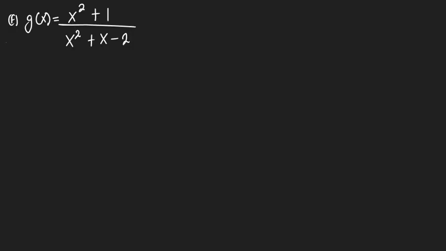Find your vertical asymptote first. Vertical asymptote is found when the denominator is equal to 0. So I'm going to get x to the power 2 plus x minus 2 is equal to 0. Get the product and the sum.